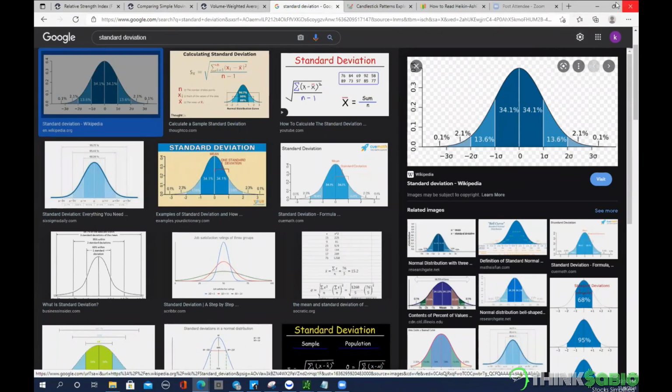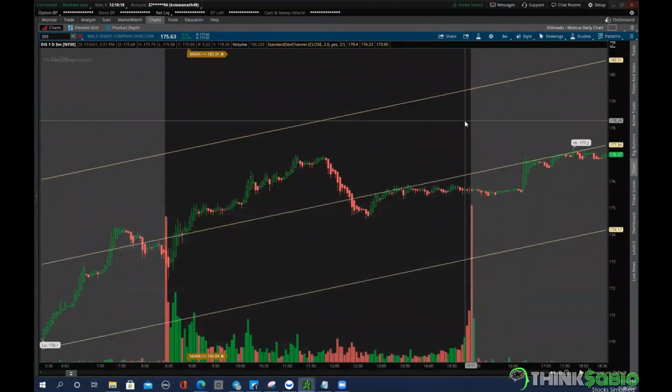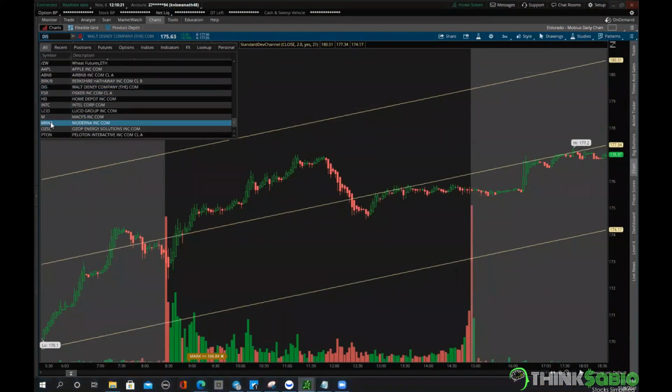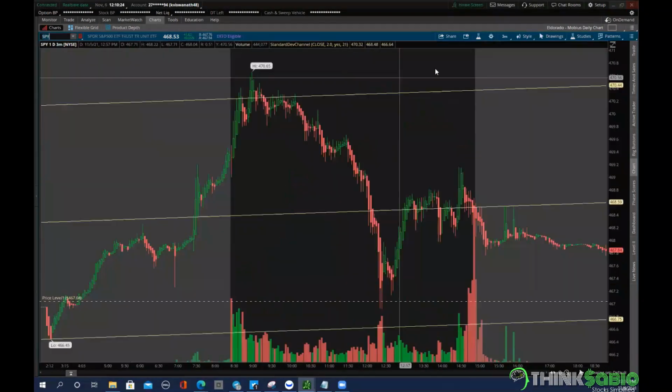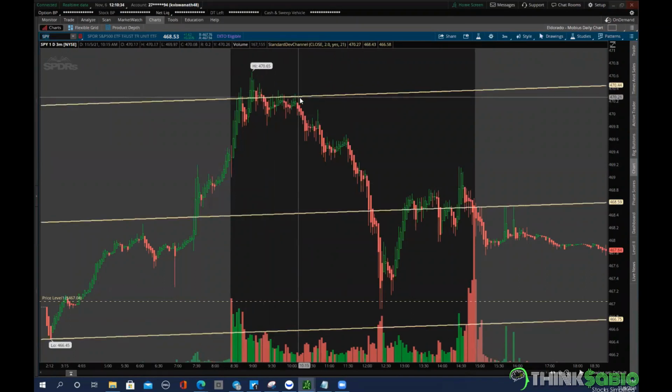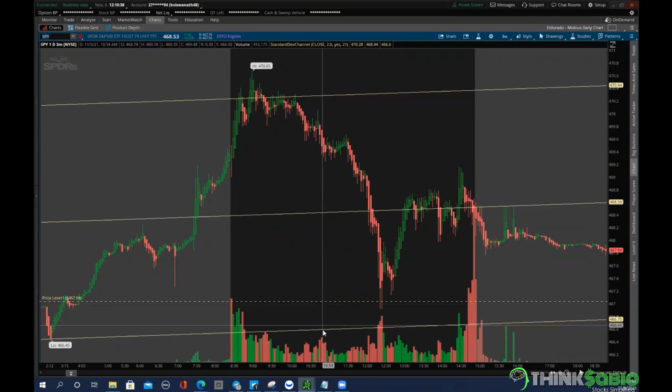However, this theory also appears to work for the stock market in some cases. So if I go back to SPY and look at this chart, yesterday the price went up, price went up, price went up. Where did the price reject? You see, this is 2 standard deviations here and here, right?